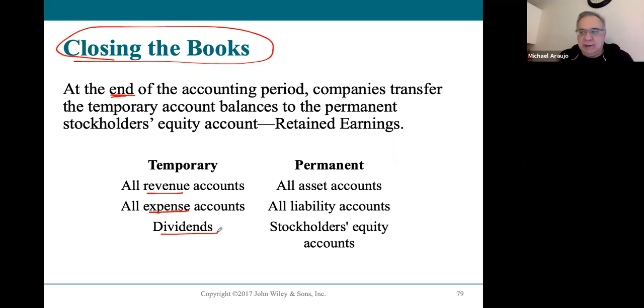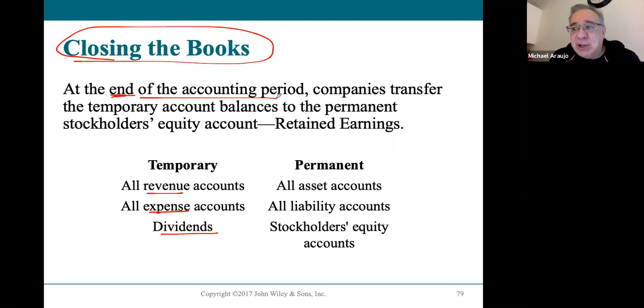So on a calendar year, for example, the very last day in a calendar year would be December 31st. So at the end of December 31st, that's the end of the accounting period, the company would do all of the adjusting entries that we did in this chapter and more. They would prepare an adjusted trial balance. Then they would prepare their final yearly income statement, their final yearly retained earnings statement, and of course the balance sheet for that day.